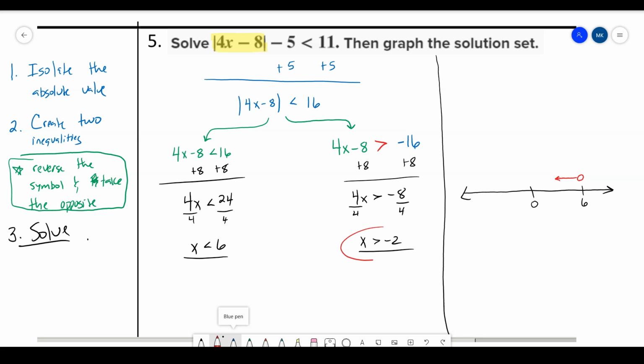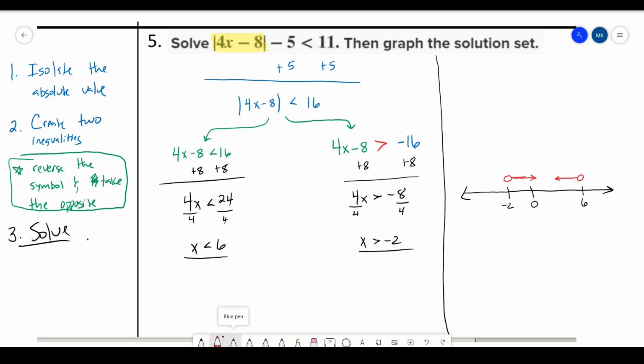Now my second statement says x has to be greater than negative 2. So on the number line, let's say negative 2 is right here. If I were to write x is greater than negative 2, that would be an open circle at negative 2 going to the right.